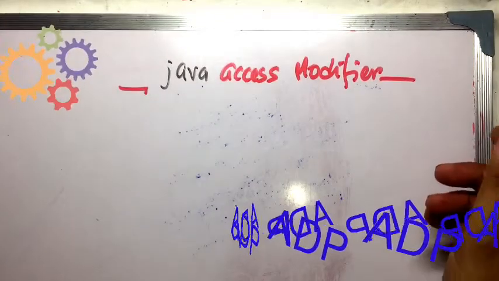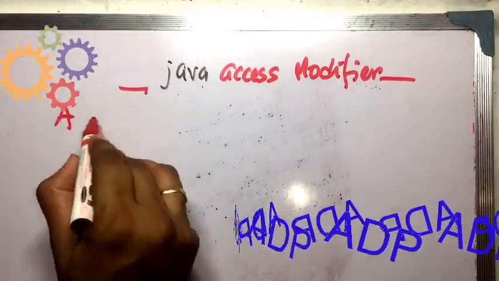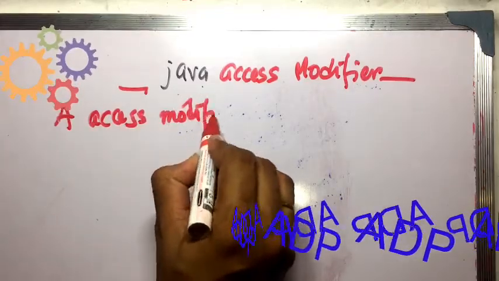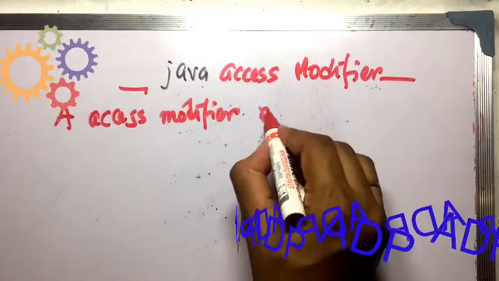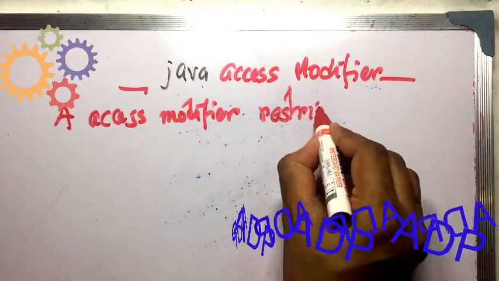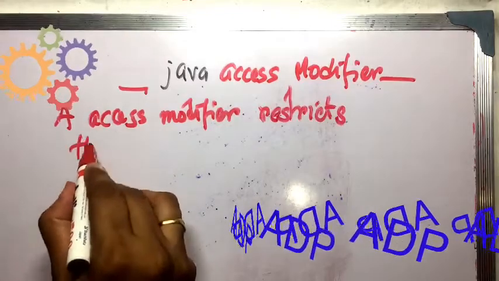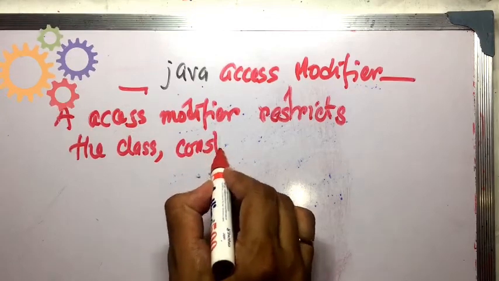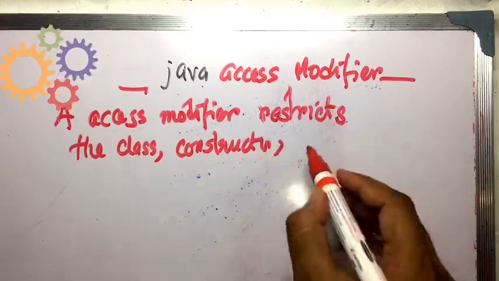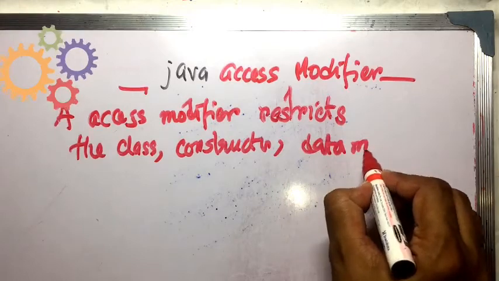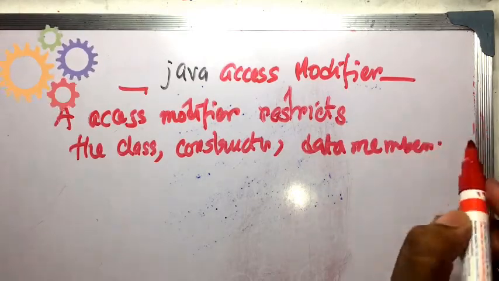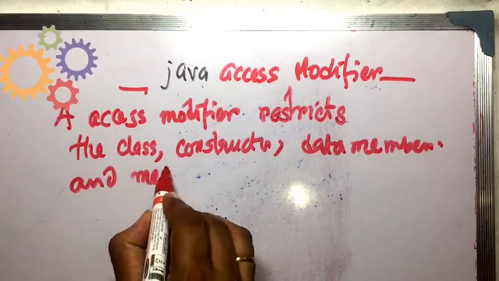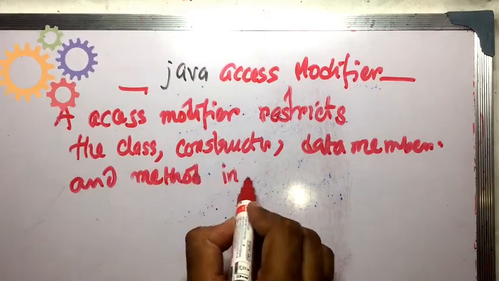First of all, what is a Java access modifier? An access modifier restricts the class, constructor, data member, and method within the class or outside the class, in another class.